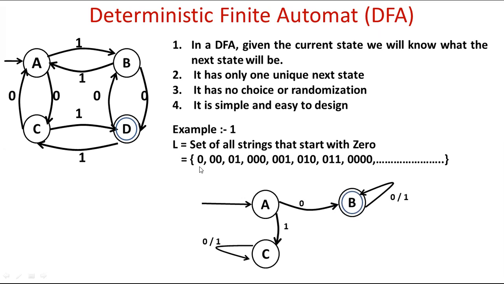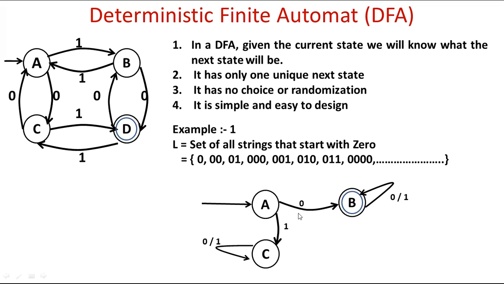Into A we are having an arrow from nowhere, so this A is the start state. From A, with the 0 input, I am going to B, where B is my final state.